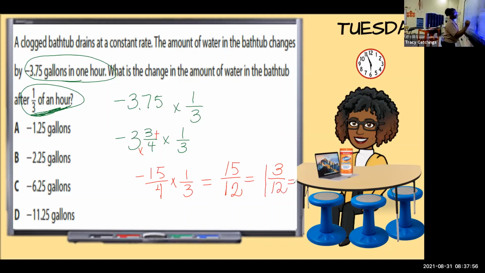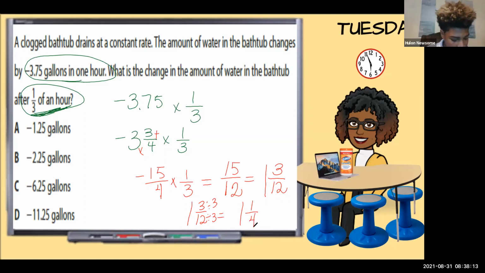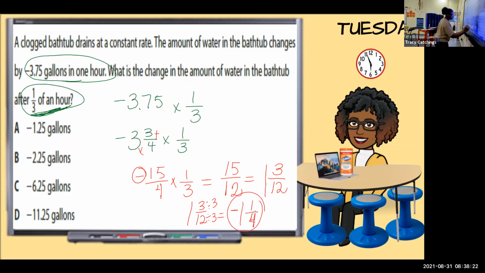All right, what does 3 12s have in common? Is equal to 1/4. 1 and a 4, would it be positive or would it be negative? Negative. We got a negative, so it will be negative. And we should know quarter, so a fourth of a quarter is negative 1.25.